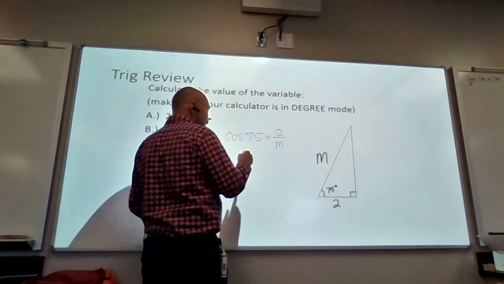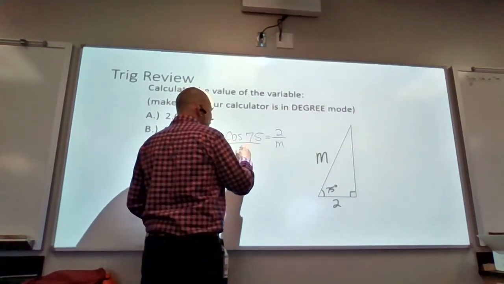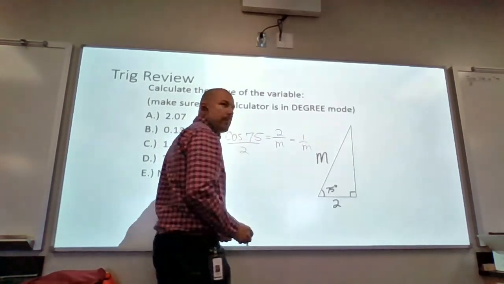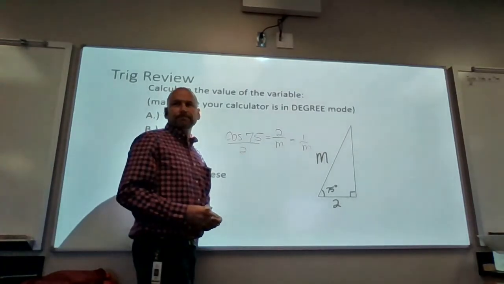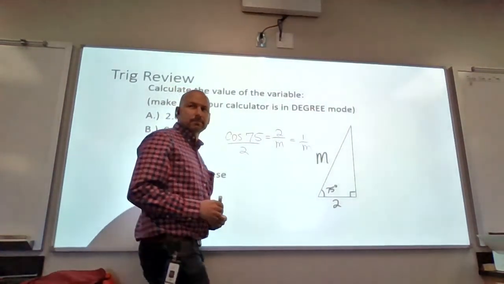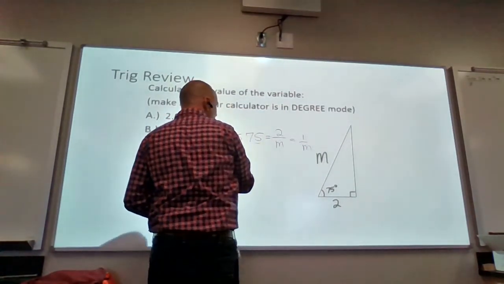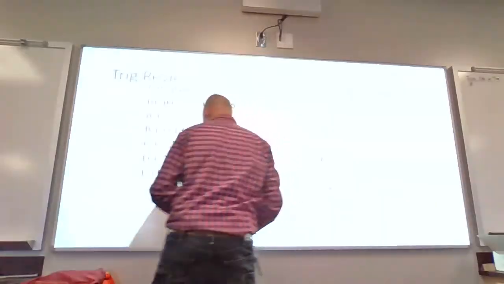What happened was when you divide by 2, you're left with 1 over m, not m. So get that variable out of the denominator, please.